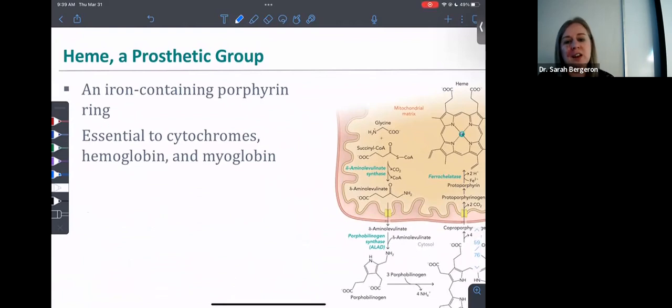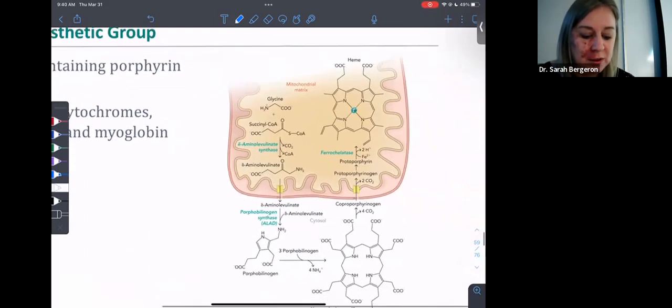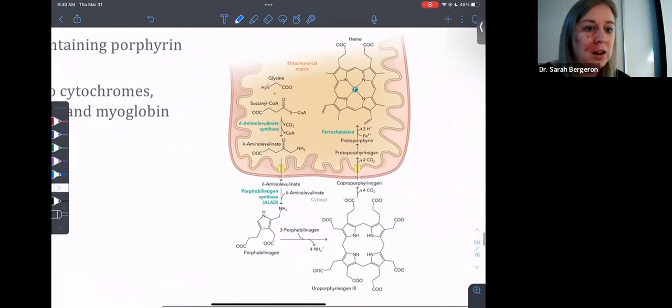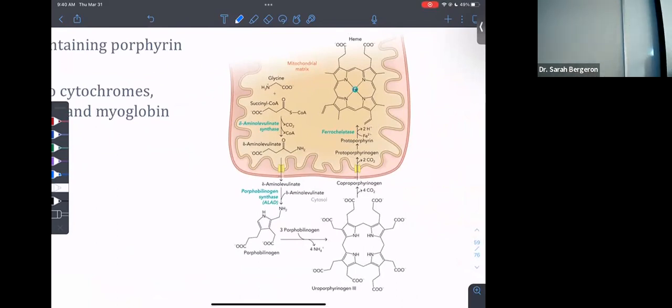So porphyrin is an iron-containing ring. If you have heme, you have a porphyrin ring with iron in the middle. So we need it for cytochromes, hemoglobin, myoglobin. That's what we talked about, right? So how does this work? You actually just start with glycine. You add glycine to succinyl-CoA. We have our intermediate.